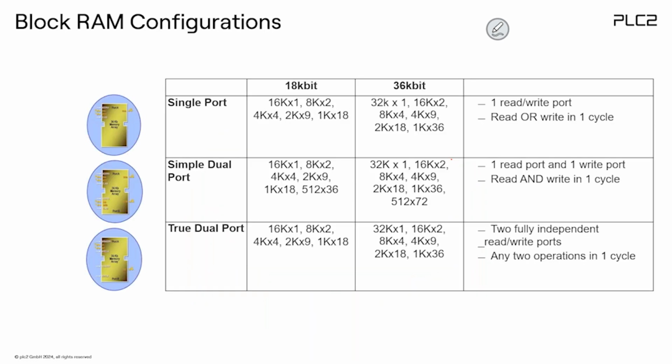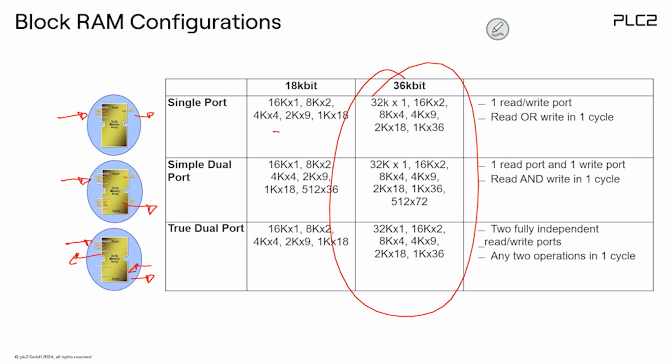You can configure this block as single port, one in and one out, simple dual port with port A input and port B output, or dual port RAM with input and output on both ports. You can split it into smaller units, or you have the big one.